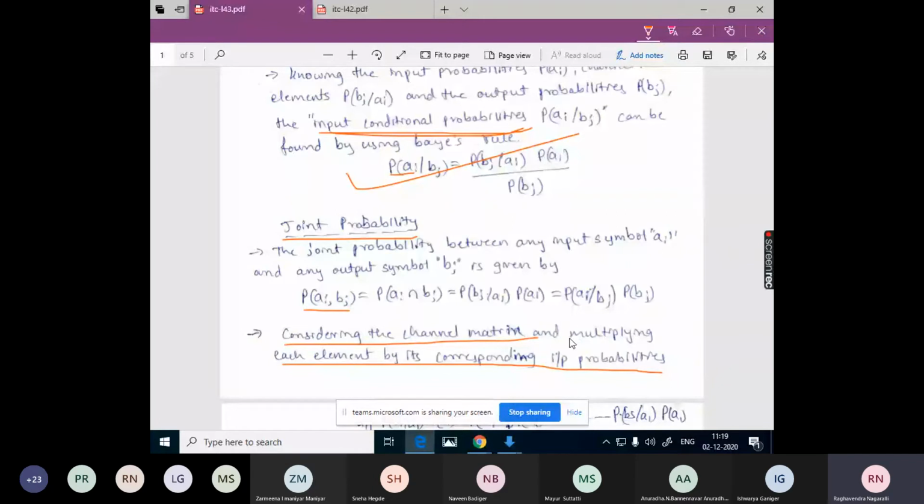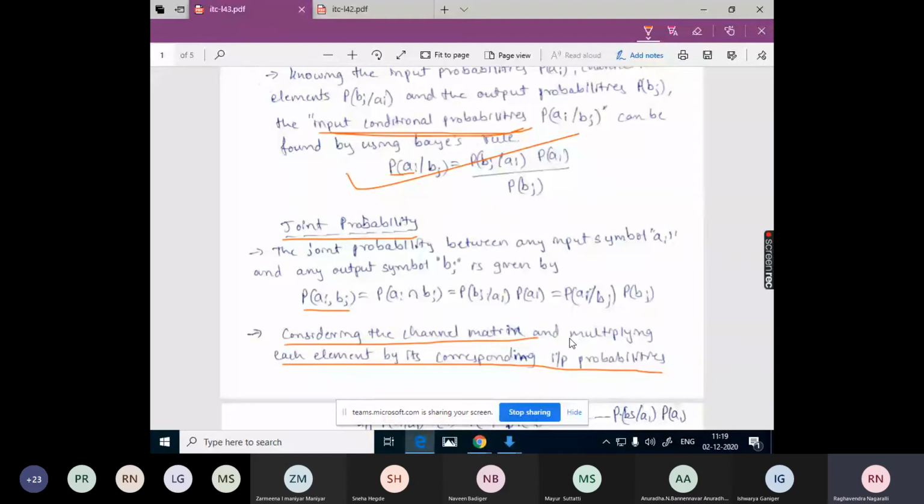So first one. So the first one, okay, they have calculated P of B3 here, this one. So S is equal to 3 in this equation. So J is equal to 1, 2, 3 because we have 3 output symbols.